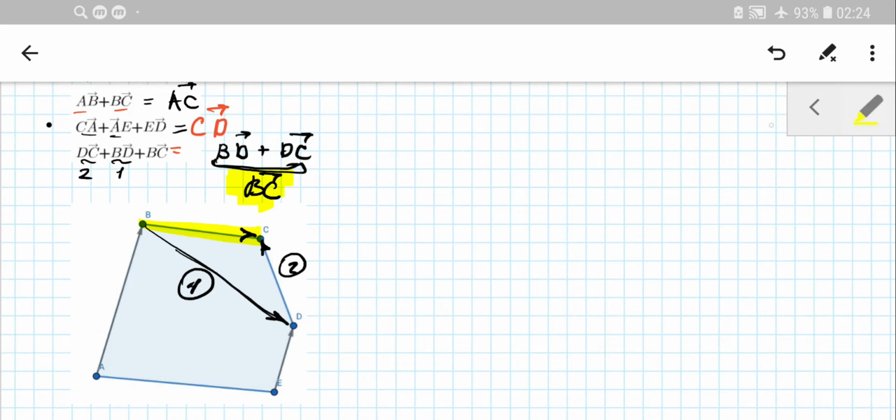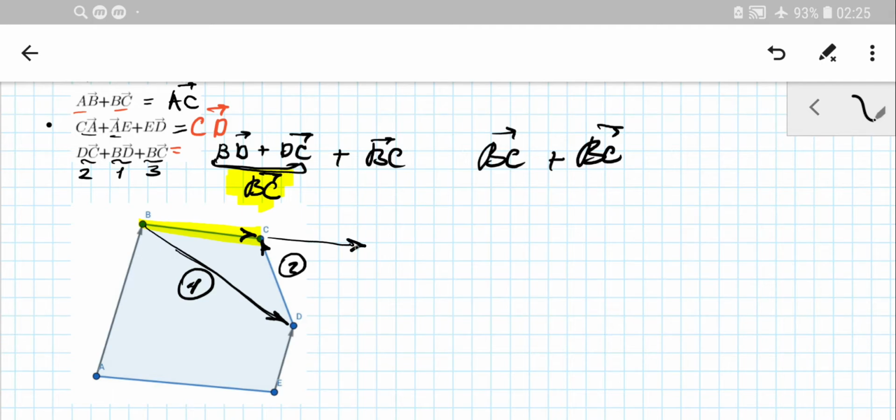So we've got the result, and on top of that, we need to add BC as the third vector. So actually, what we have is BC plus BC. So it means we can set up the chain rule, but it's clear that on top of that, if we add the same vector BC, we will get double BC, right?